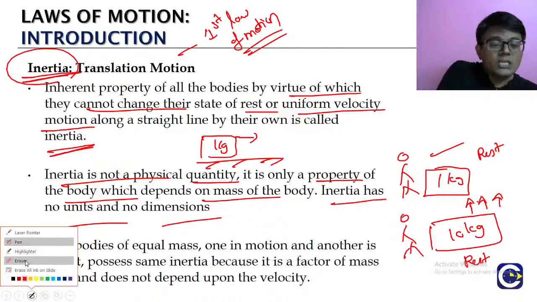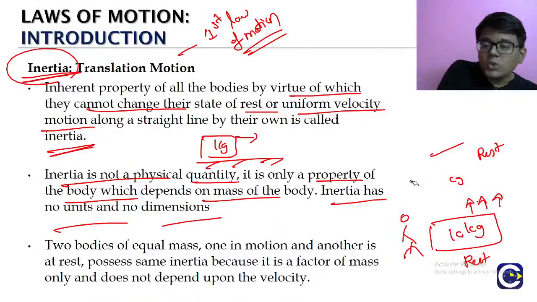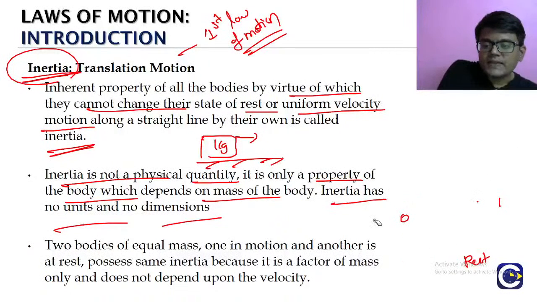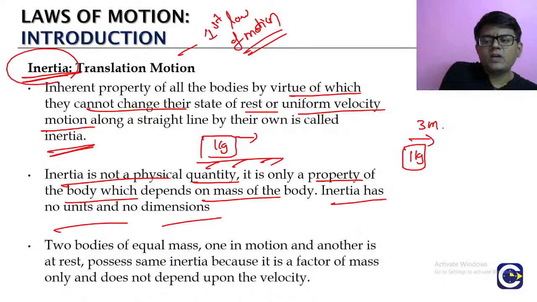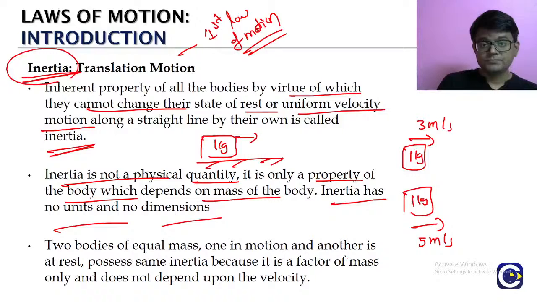If you have two objects having the same mass, let us take an example. There is a 1 kg object moving with a velocity of 3 meter per second, and another 1 kg object moving with a velocity of 5 meter per second. Both have the same mass, but the speeds are different.